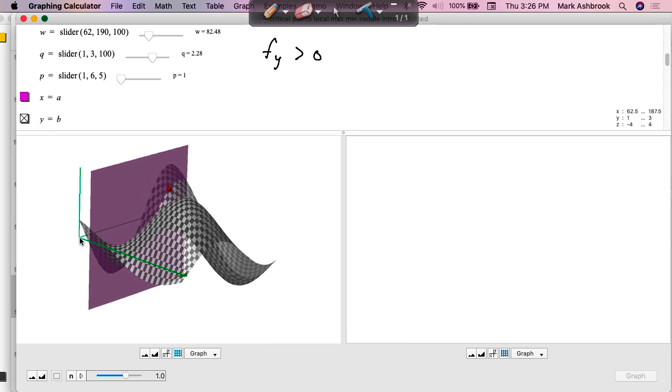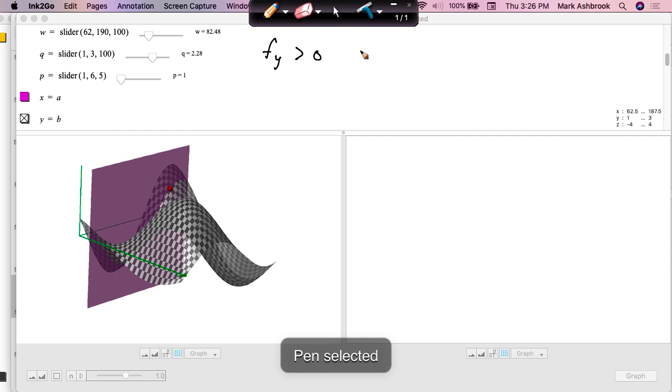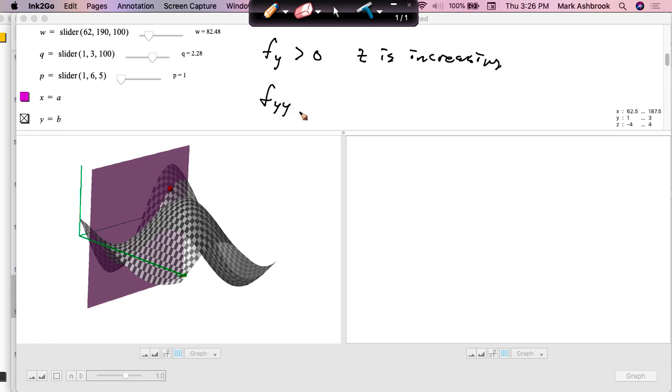If you're talking about the first derivative, all you're saying is that z is increasing or going up. So what's happening to the rate? Is it getting less positive? Yes, less and less positive as you go.